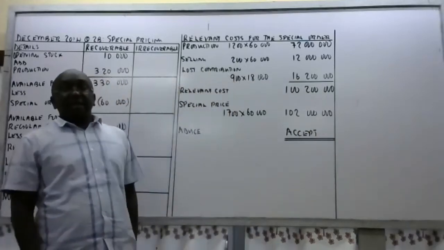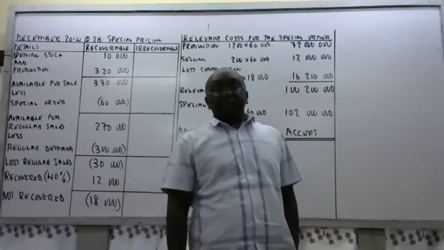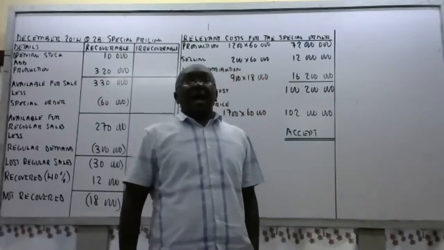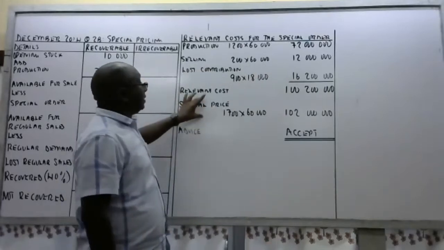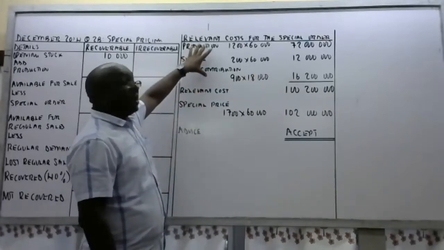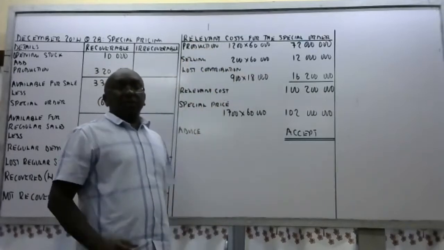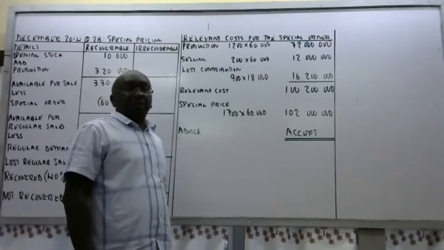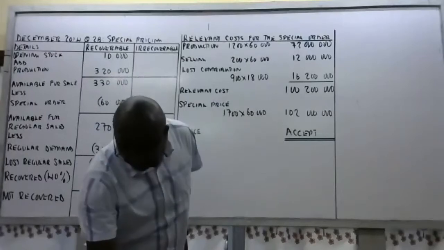So the advice is that they should accept. So that is about special pricing decision. As you have seen, we simply compare the special price with the relevant cost. Relevant costs are the costs that will increase when you do something extra.